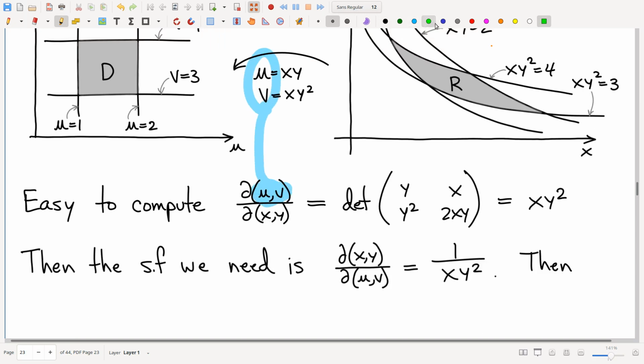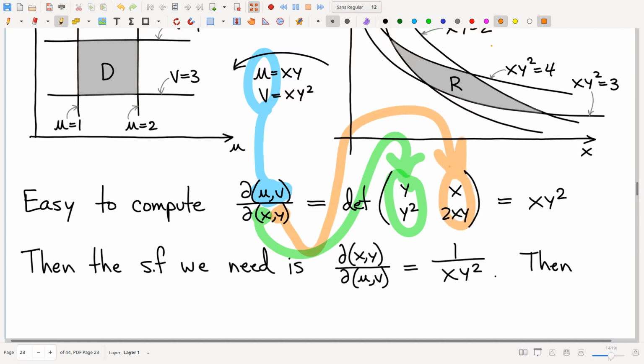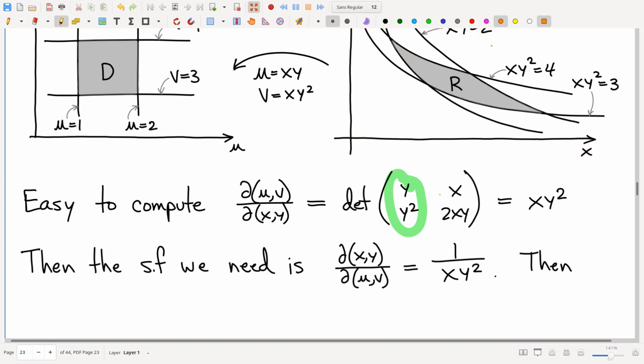We're going to take the partials with respect to x and y. Those are our inputs. There's our Jacobian determinant. Multiply it out. And we have that our Jacobian determinant is this expression right here, xy squared.